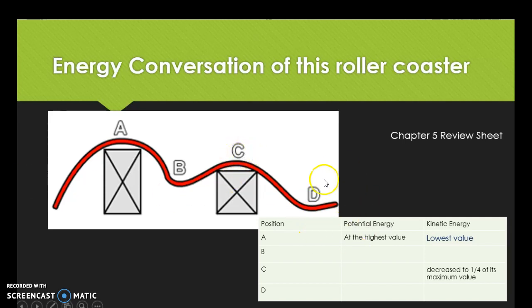Then let's look over here at our point D. When we're comparing that to A, it's pretty much at the opposite end when we're looking at the height. D is the lowest point. So we can now go through and complete D, because if A has the highest potential energy and the lowest kinetic energy, D will be the opposite energy pattern.